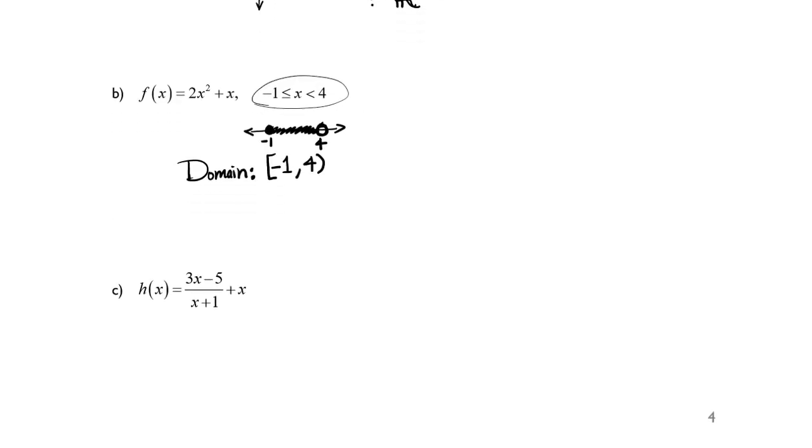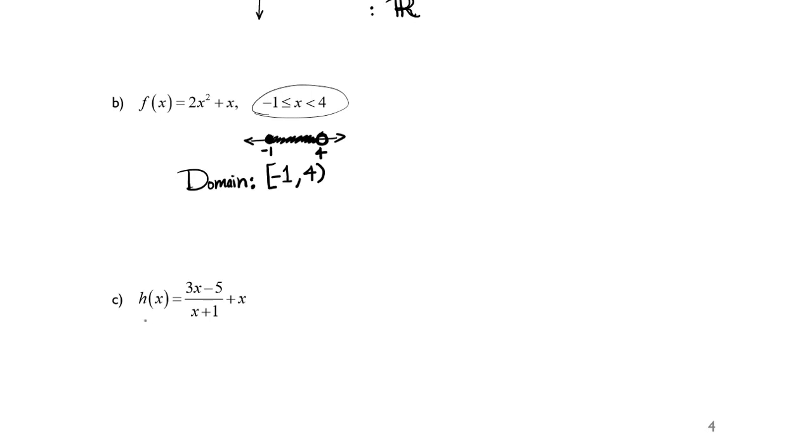Let's take a look at C. We have h of x equals 3x minus 5 over x plus 1 plus x. Now we check this for fractions and for radicals, or even roots. And we don't have any roots, even roots, but we do have fractions.